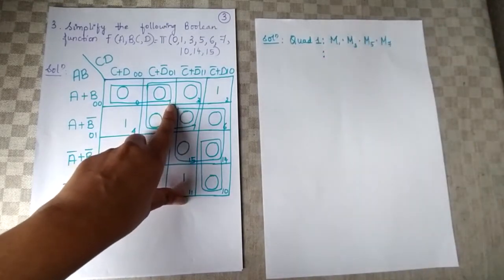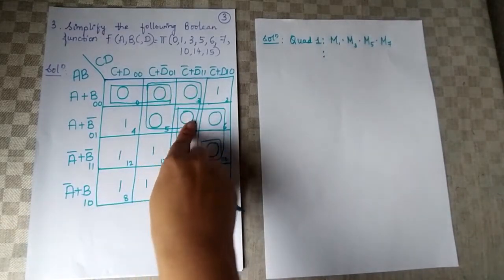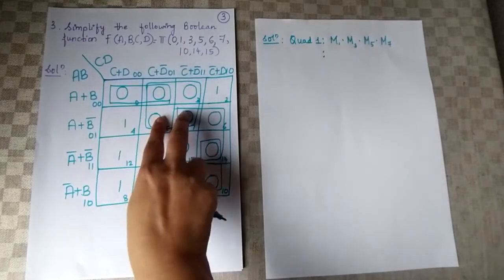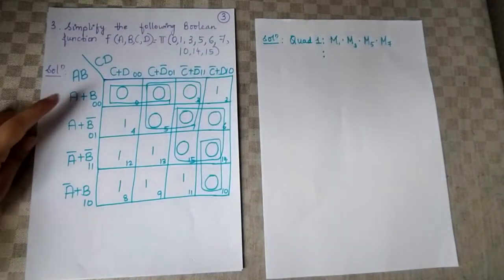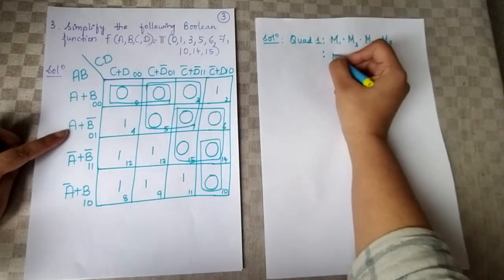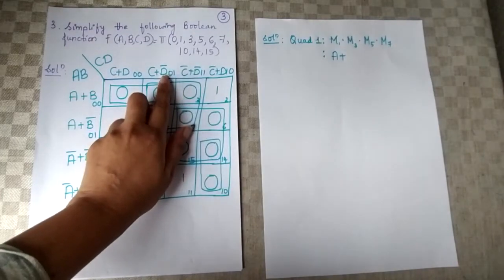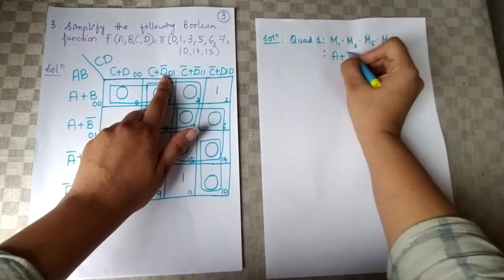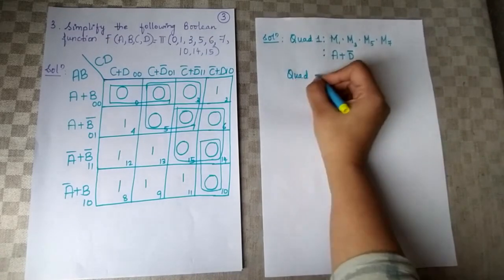These are the numbers I have taken: 1, 3, 5, 7. Now this quad is associated with these 2 rows and these 2 columns here. So in these 2 rows we have the common term as A, plus in these 2 columns we have the common variable D complement.